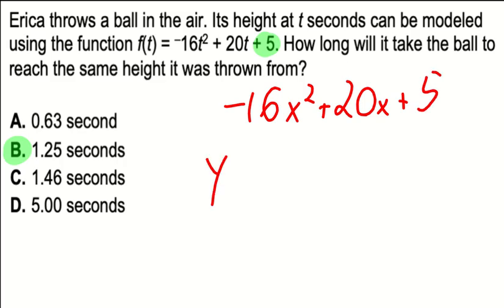Then you would put y equals 5, and you're looking for where those lines cross. Sometimes you don't get them nice and exact, sometimes you get them pretty exact. This one was pretty close to exact. Still a decimal, but a nice decimal that terminates at 1.25. The 1.46, I think, was the zero where it hits the ground. But since it wanted the height where it's thrown from, that's why we needed the 5 feet off the ground. Any questions on that one?